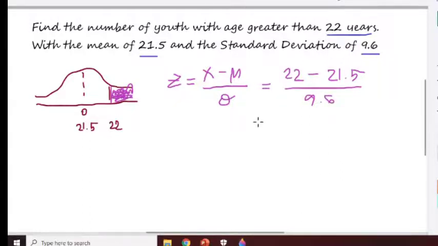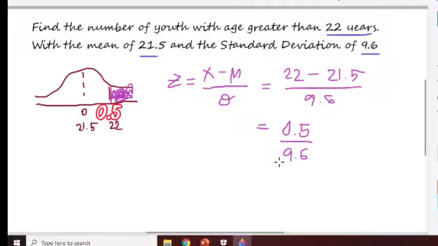Now, next, screenshot ko lang yung table. So you are going to subtract. So you got 0.5 over 9.6. So let us divide it.